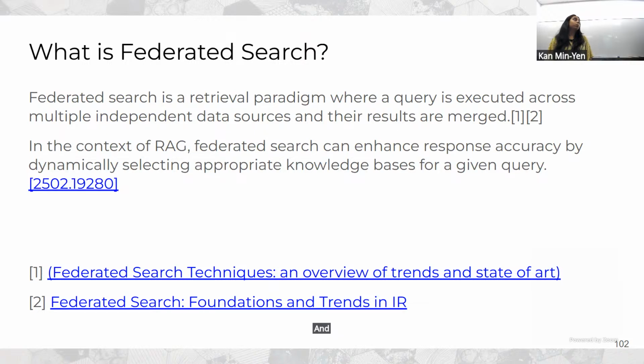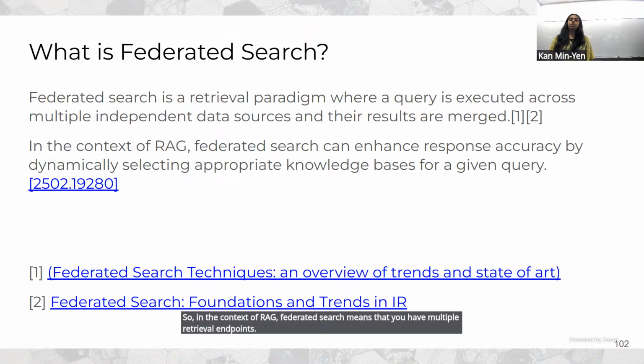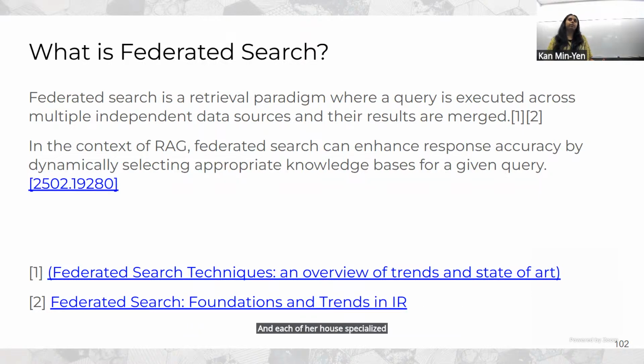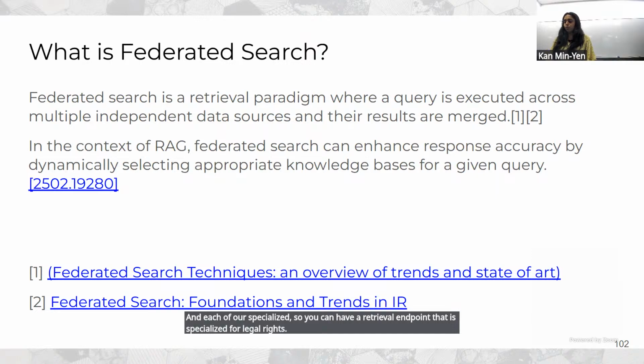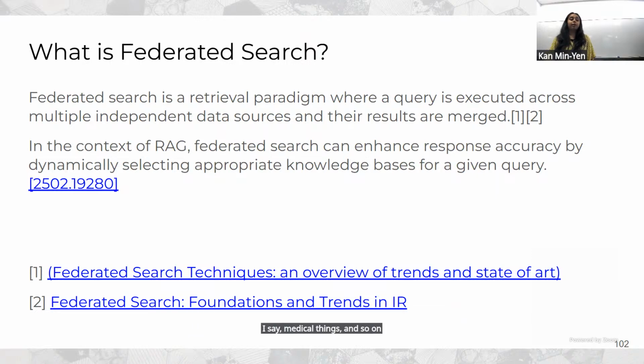You need to decide which sources to hit and how to aggregate at the end. In the context of RAG, federated search means that you have multiple retrieval endpoints, and each is perhaps specialized. You can have a retrieval endpoint that is specialized for legal things, or say medical things, and so on. And you have to dynamically decide which subset to query.